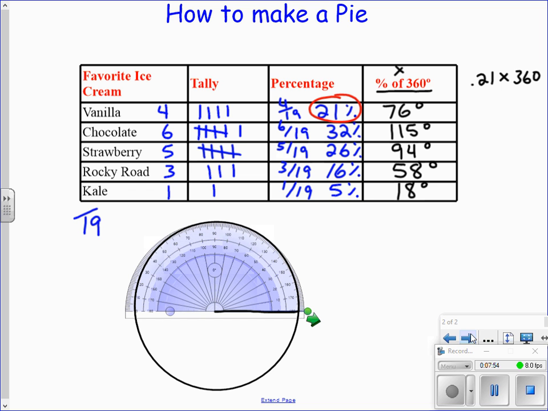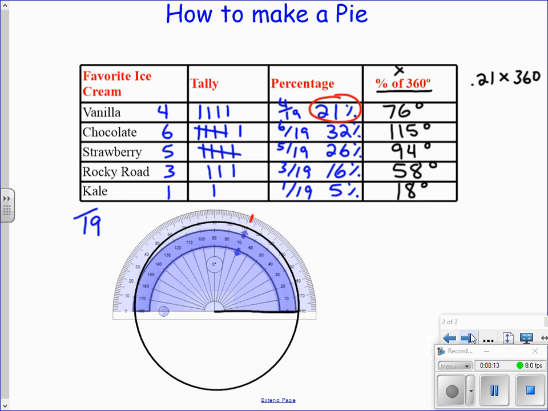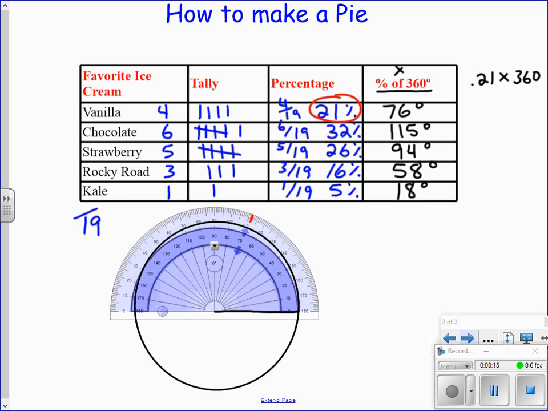And then I'm going to just simply put a little mark at 70 degrees, which is right about, let's see. Well, I'm going to have to use this scale here. And it looks like 70 degrees is about up here somewhere on the scale, because you'll see that it is that spot right there. 70 degrees.